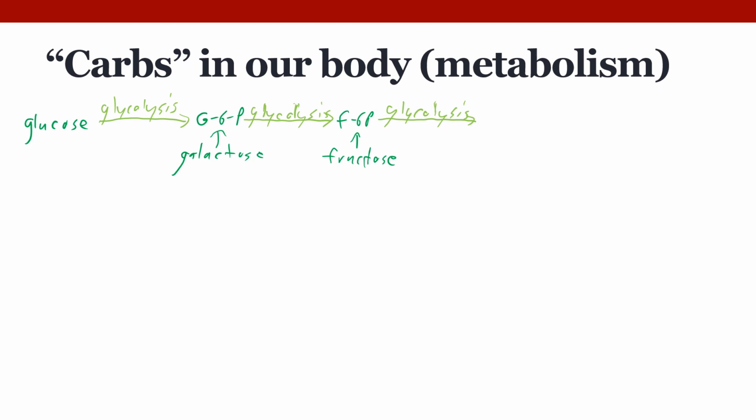They can either be used to drive the glycolysis pathway forward, ending up making something called pyruvate, or they can be used to drive the whole pathway backwards in a process called gluconeogenesis, which takes place primarily in the liver. The liver uses these pathways to turn galactose and fructose into glucose when we absorb foods containing those sugars.